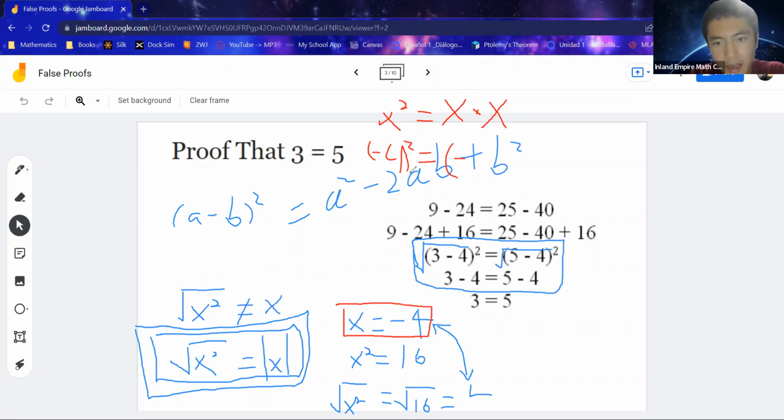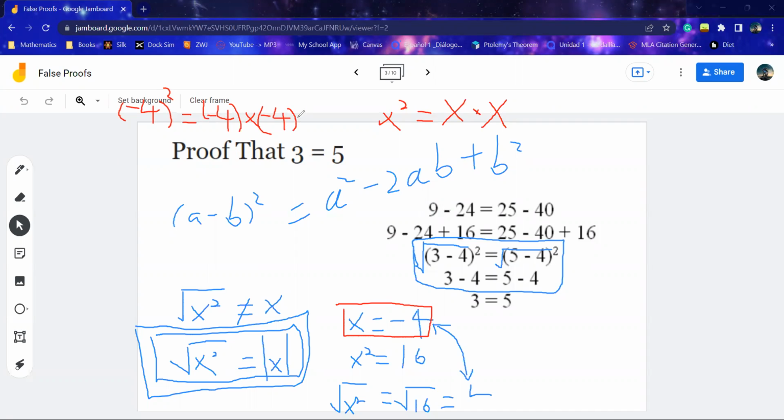Okay, this is kind of messy. Let me write it down here. So -4 squared is equal to -4 times -4, right? And what is 4 times 4? 4 times 4 is, let me see.